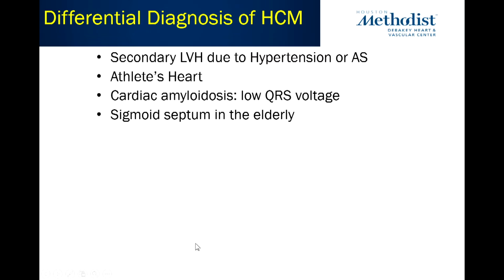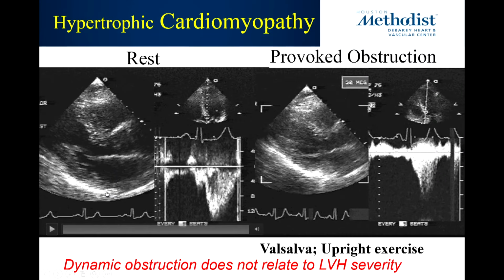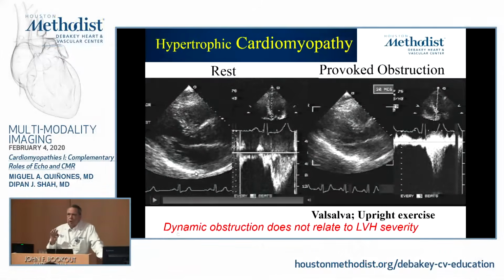And the other thing is that very good studies done in Boston by Bob Levine and his group showed very nicely that SAM was more related to the contraction pattern of the heart and abnormalities of the mitral valve.